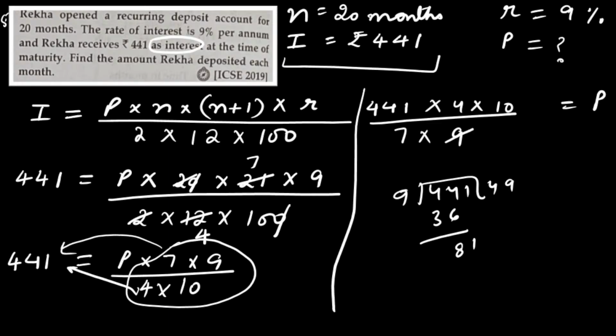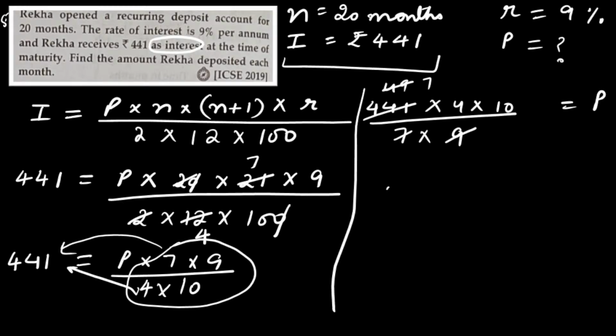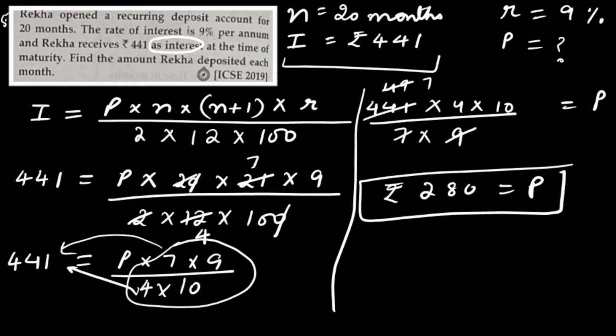So 9 into 49 here. 7 into 7, we know it's 49. So 7 into 4 is 28. 28 into 10 is 280. So rupees 280 is equal to P. Yes, so whoever has sent the answer, it's a correct answer, 280.